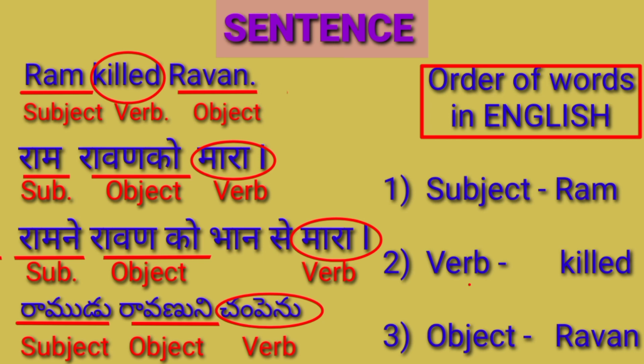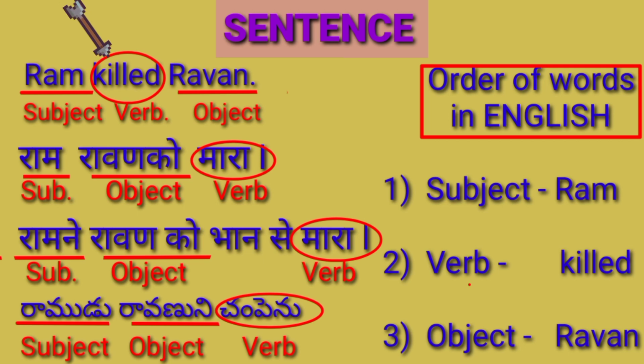In English language, the verb is placed immediately after the subject, unlike in the Indian languages. This is the main difference we should take care while forming a sentence in English.